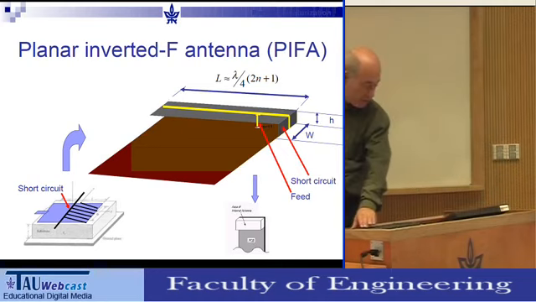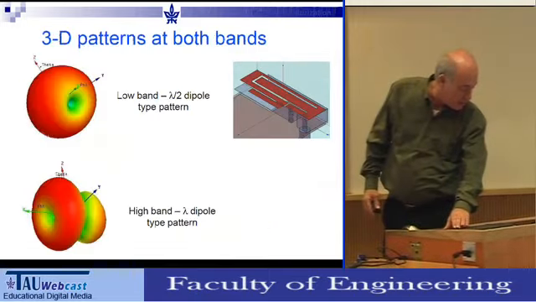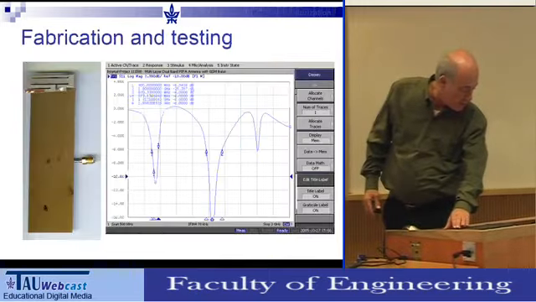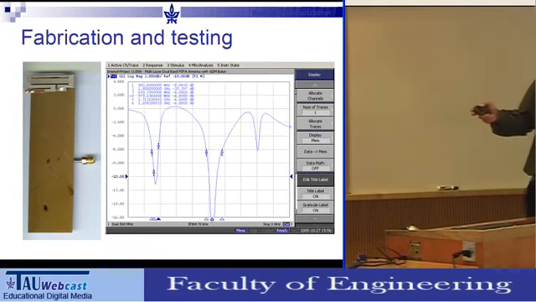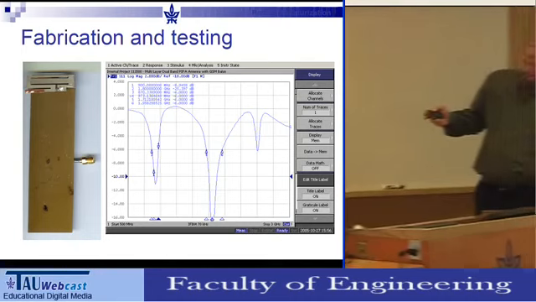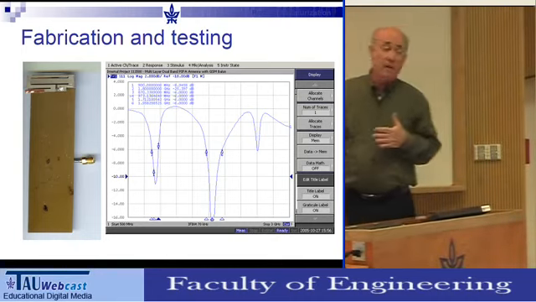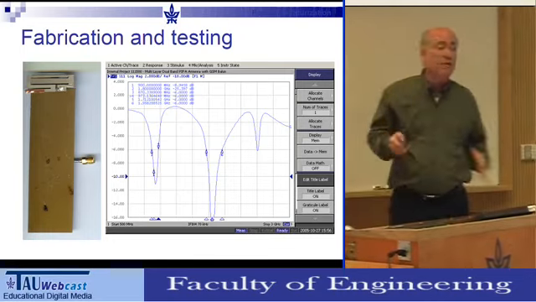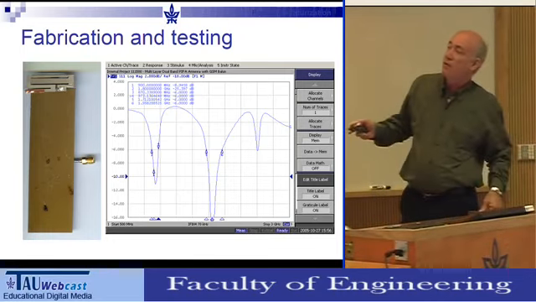So now you do a lot of stuff that I will skip to eventually get what I'm holding here. This is the entire structure. It has meandering. It has two paths for the two frequencies at which it operates. It's a long path for the low frequency and a shorter path for the high frequency. You get the two frequencies.